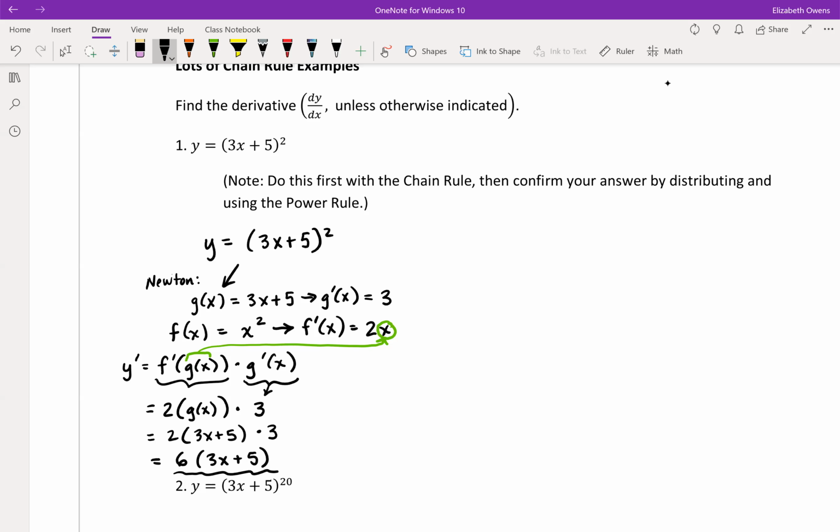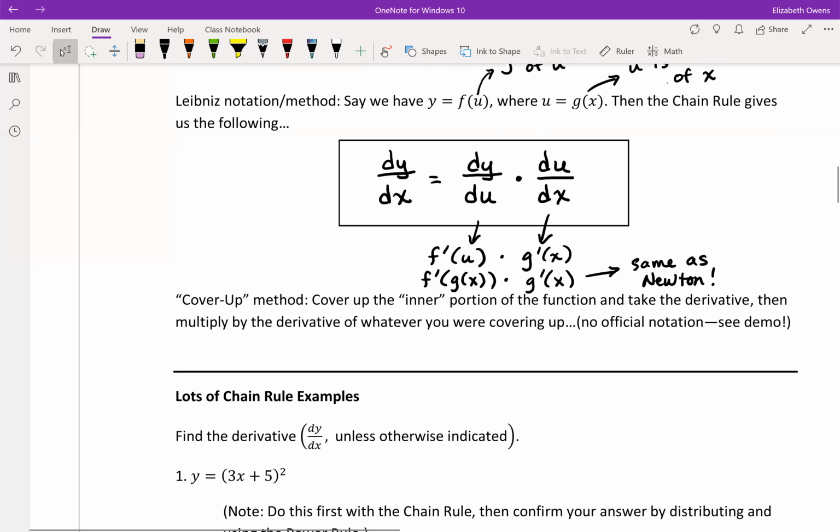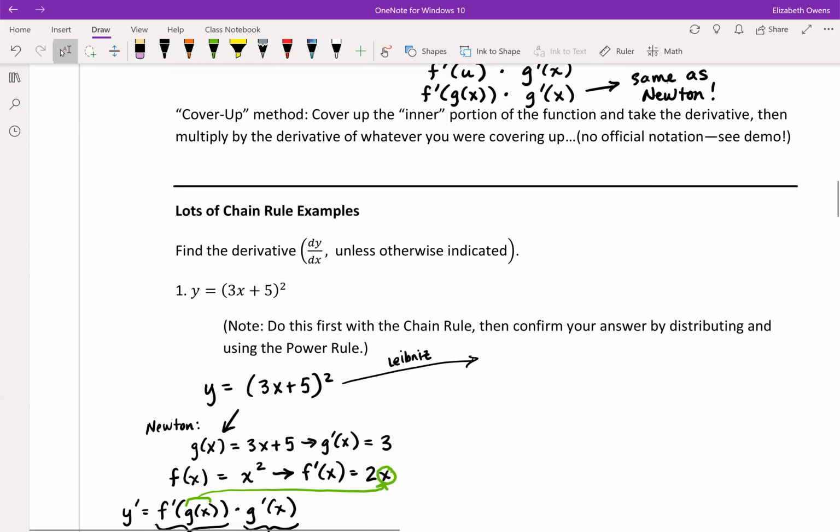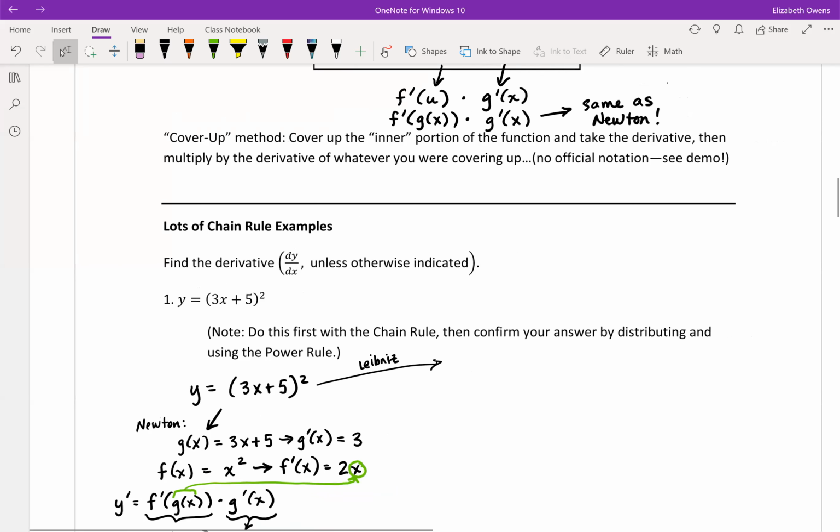Now for Mr. Leibniz. With the Leibniz notation, we have y equals f of u, and then u equals g of x. Okay, so in that setup, u equals g of x, that's like the interior part of the function again.